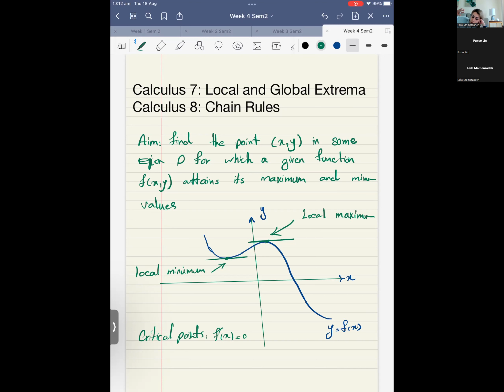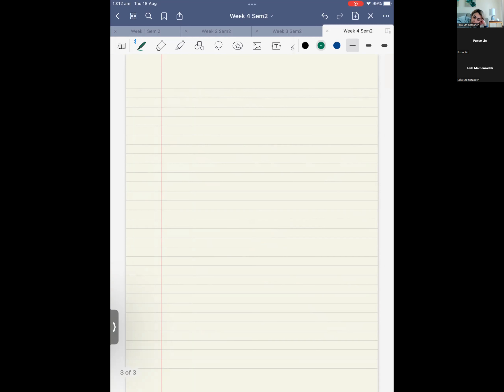Now this one has a single variable x. Now we want to think about a function of two variables. Suppose f(x, y) is a function of two variables.